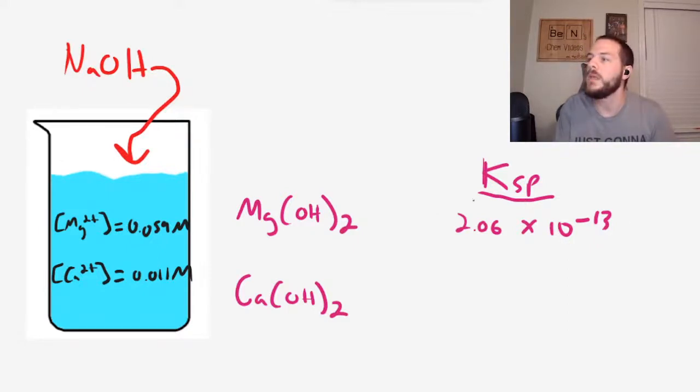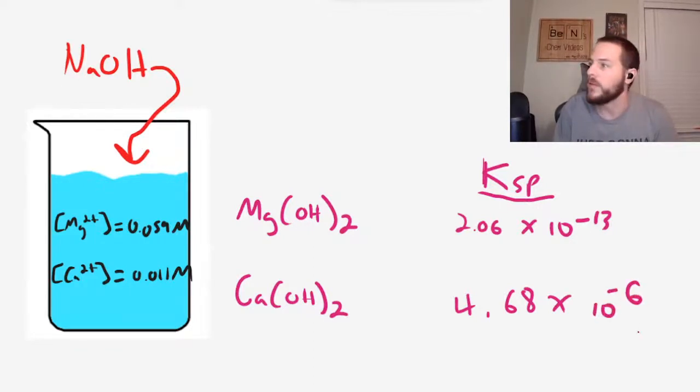All right, so the KSP of magnesium hydroxide, 2.06 times 10 to the minus 13. What is the KSP value of calcium hydroxide? Let me look that up. Well, I actually have it written down, and that happens to be 4.68 times 10 to the negative 6.